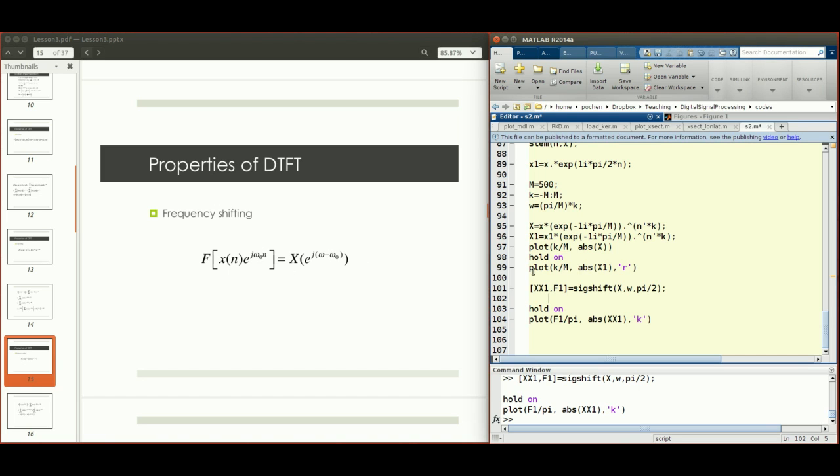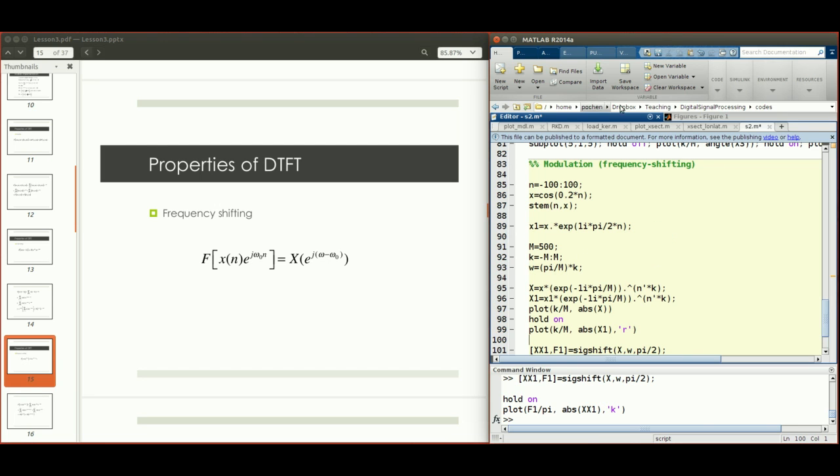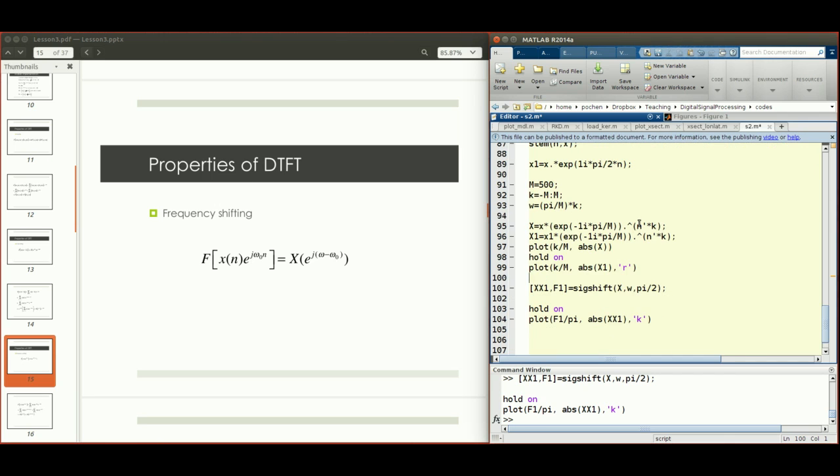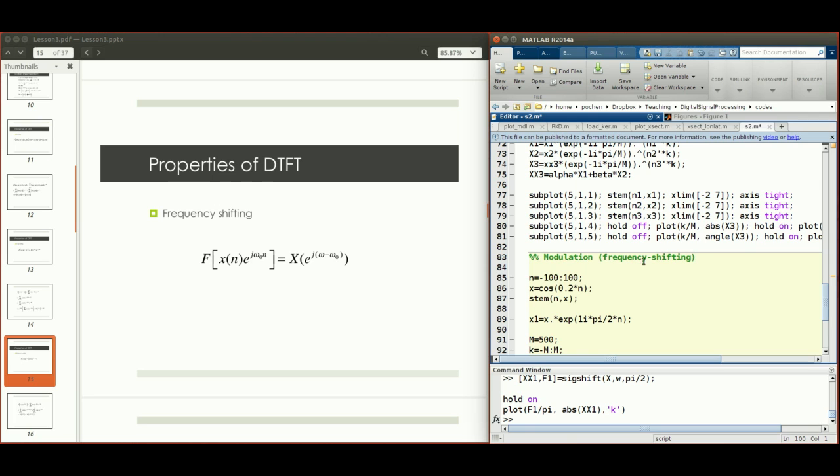You see? And it's also a very important property that we're going to revisit when we deal with the sampling theorem, right? How do we actually sample the signal in time and frequency domain? So that's modulation or frequency shifting.